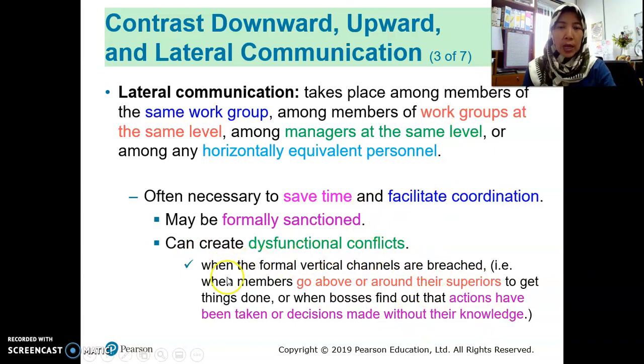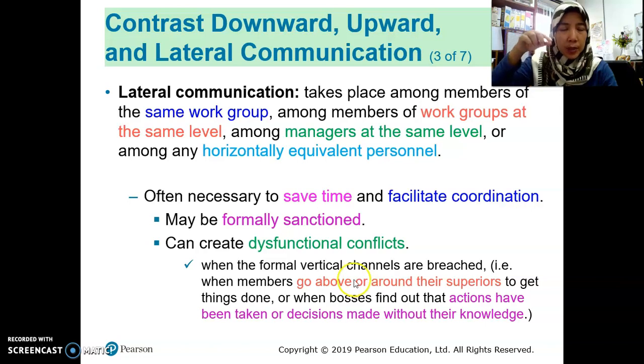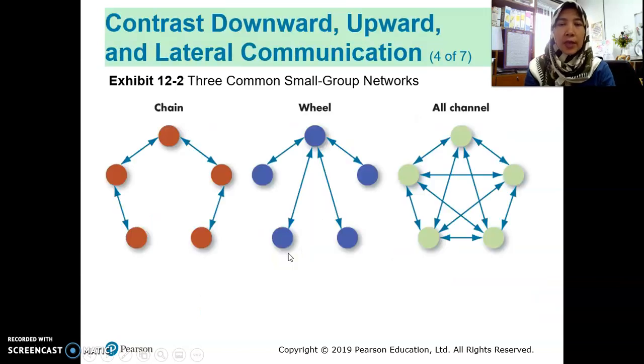These conflicts refer to the vertical channel. When the formal vertical channel is breached, there will be some dysfunctional conflicts.